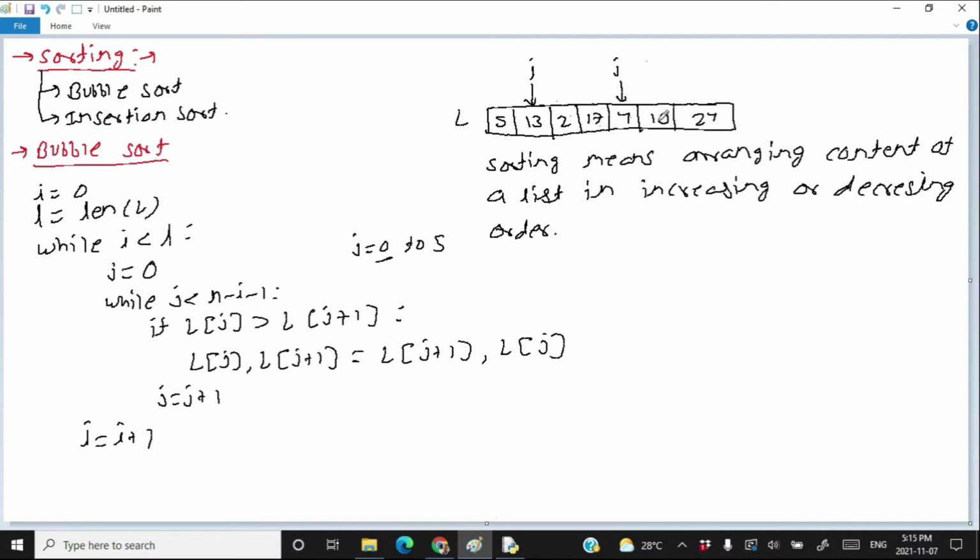Now you do not have to increase the value of j, because it is already at 4.